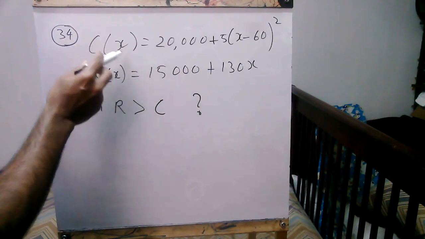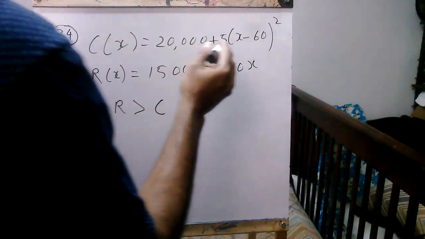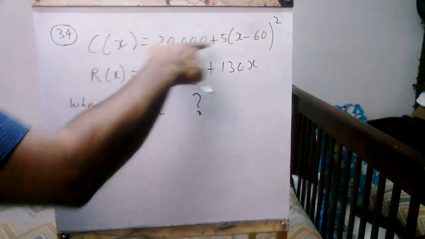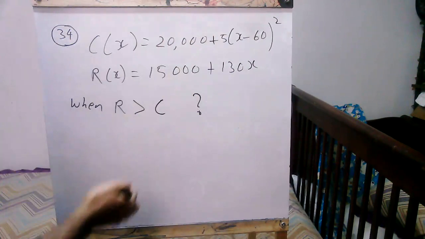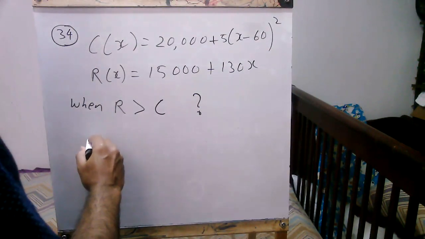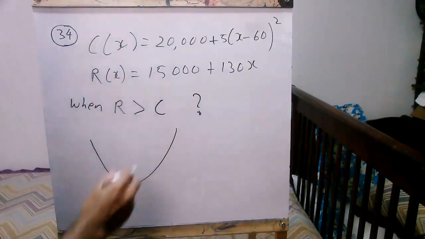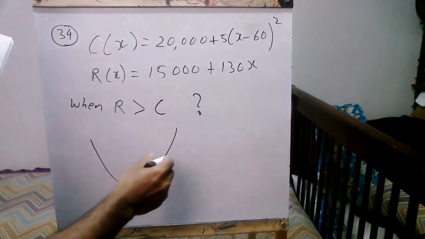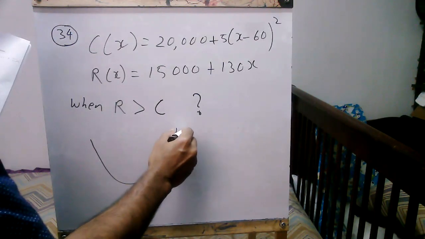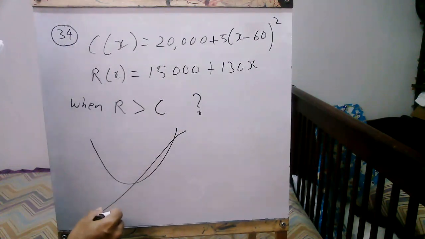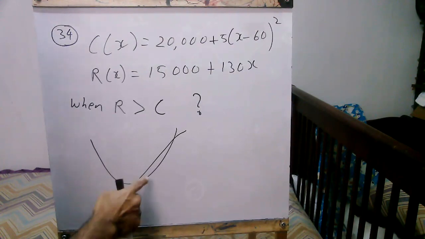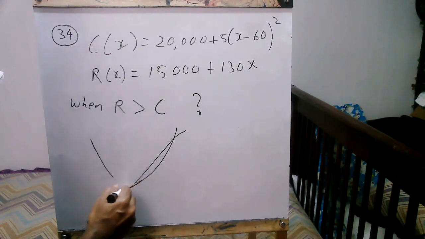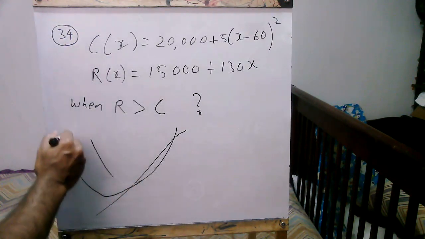If you look at the big picture, the highest power of x here is 2. Therefore, this is a parabola, and its coefficient is positive. It opens upwards. It's a parabola like this. Now, this is a straight line. Once you do this, you get this type of graph. It's not intersecting right here. It's like this.